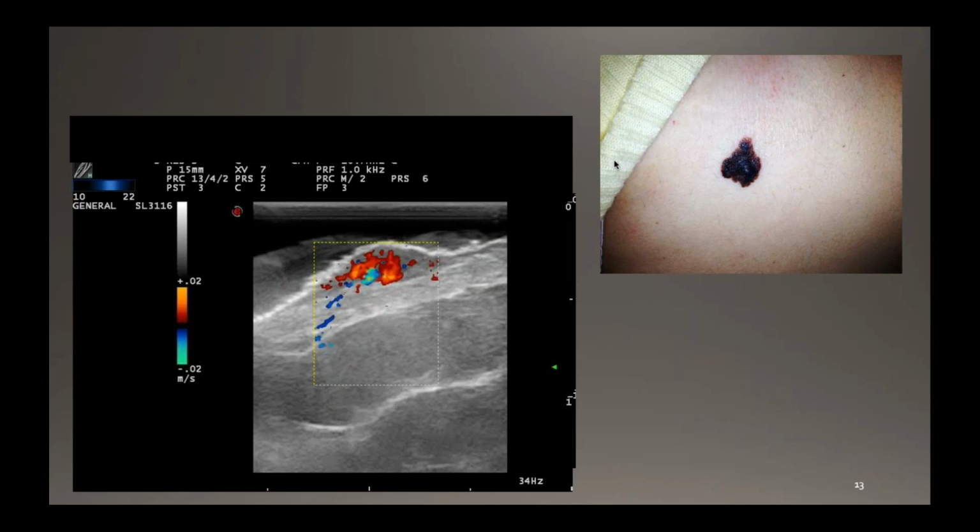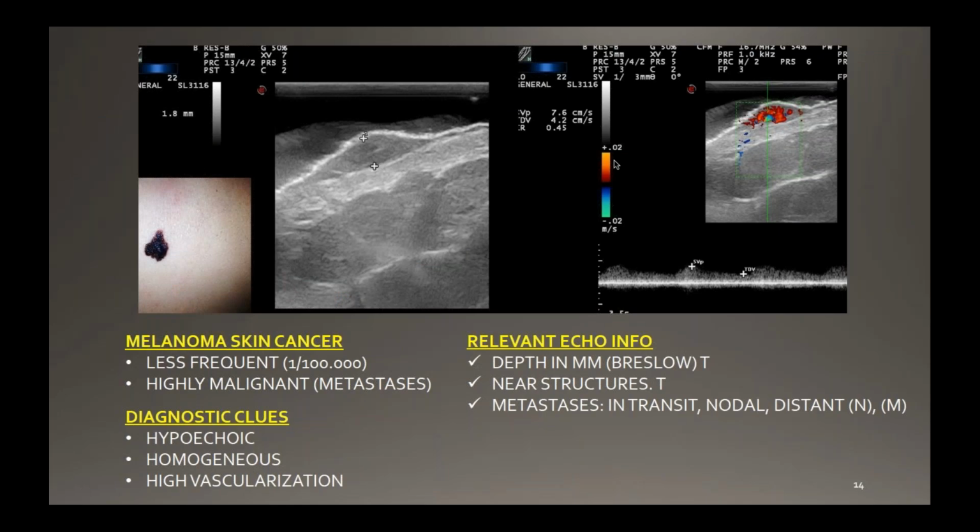Maybe in Australia, as I know we have some attendance from Australia, it is really more frequent, and in the States it's even more frequent than here in Spain. There are a lot of melanomas that fortunately are detected at the very beginning with the lower stages. This melanoma, as you know, requires a good staging.